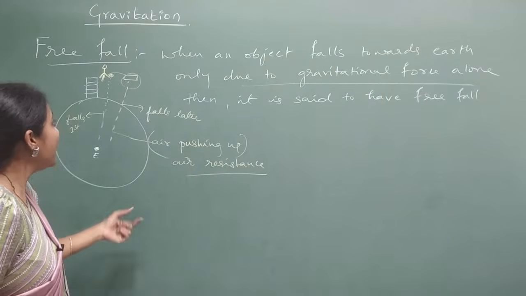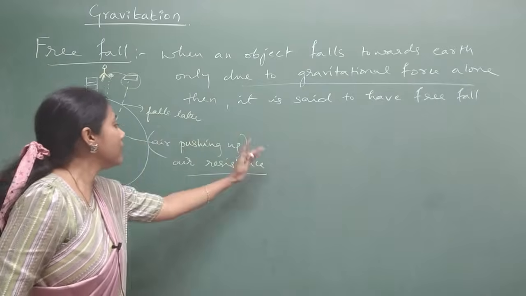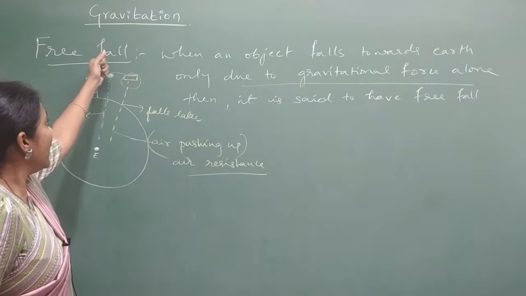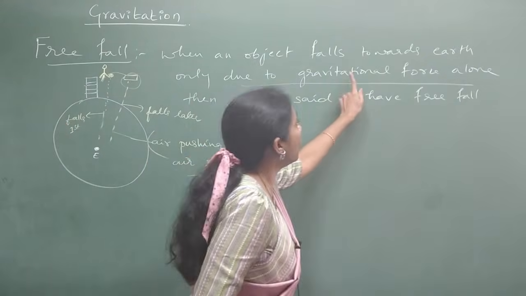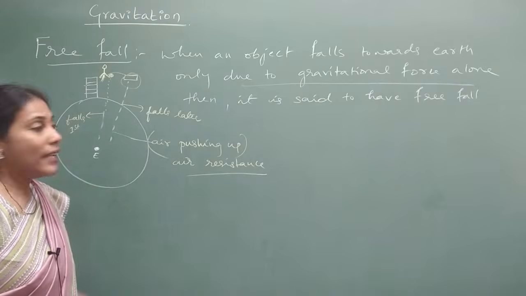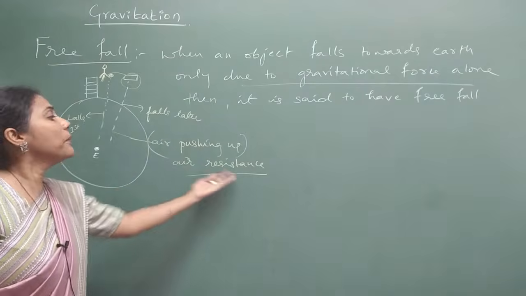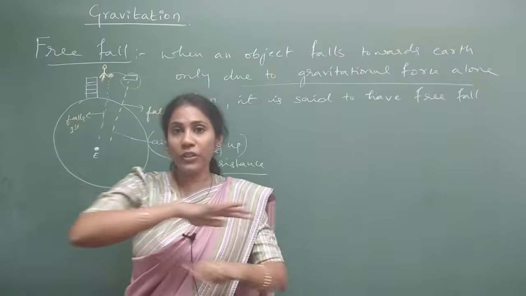But if you neglect this air resistance, that way of falling onto the earth due to only gravitational force is called free fall. This free fall is getting disturbed by air resistance. But in a glass chamber, suppose you remove the air.